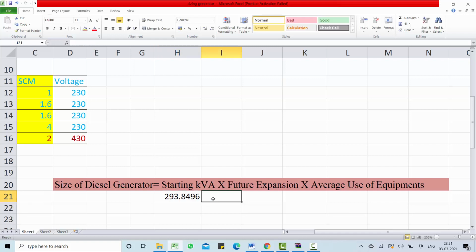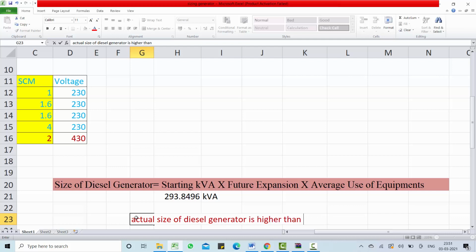So finally you are getting 293.8496 kVA for the given load. The actual size of the diesel generator must be higher than this 293.8496 kVA.